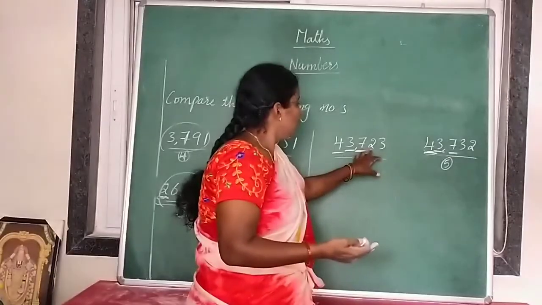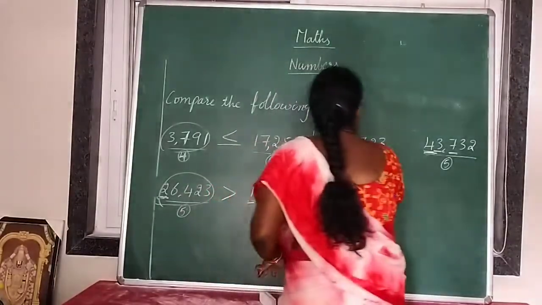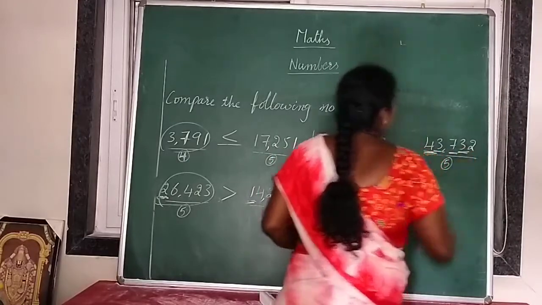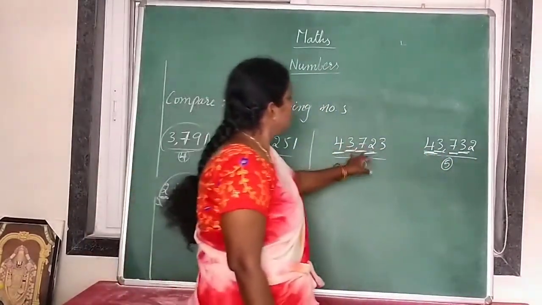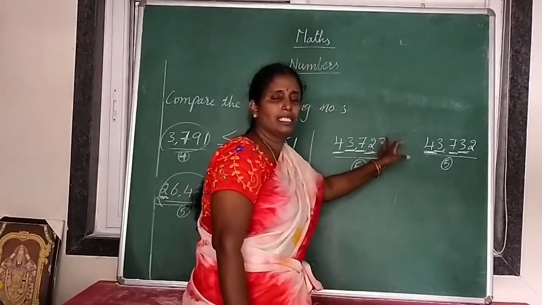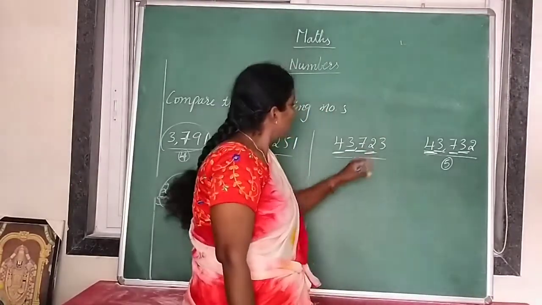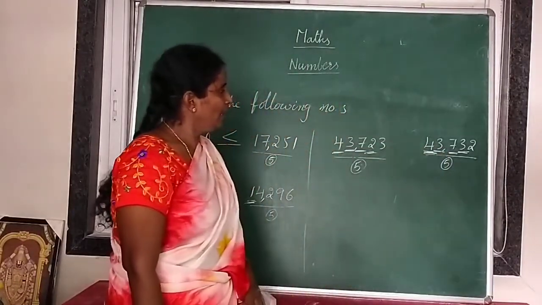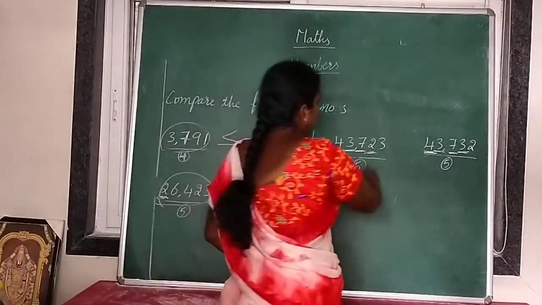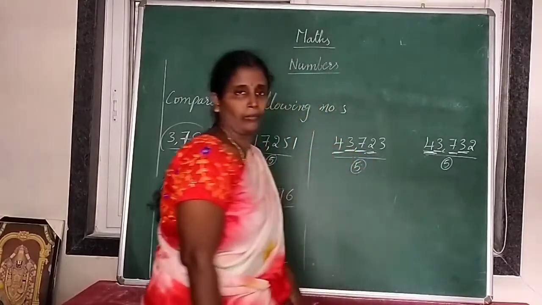So again if it is same, then we have to compare the next place. Tens place. So in the tens place, here 2 tens are there and 3 tens are there. Different digits are there. So if different digits, then we can find which is smaller and which is greater. So is 2 smaller or greater than 3? Smaller than 3.